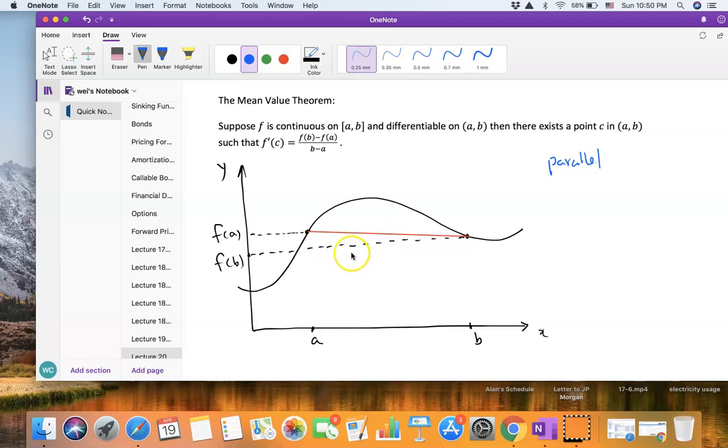Okay, can we do that? Yes, we can, right? Let me give you a few seconds to think by yourself about which point we can draw that straight line. Remember, we want that straight line to be parallel to this red line.